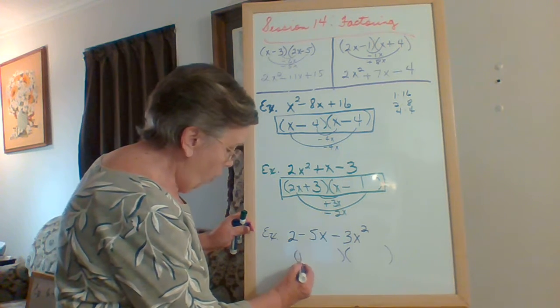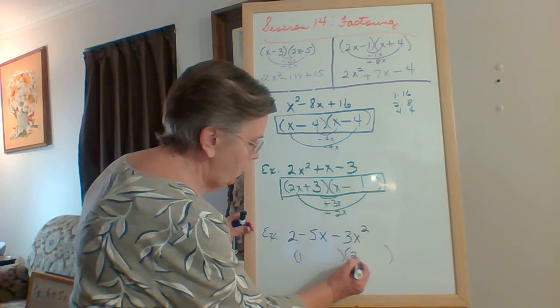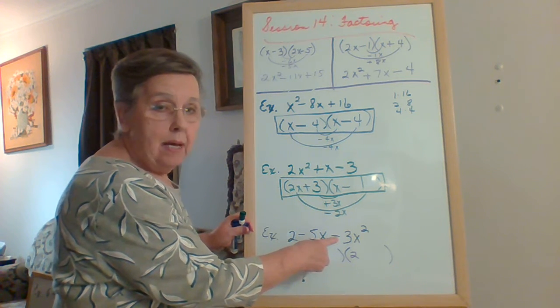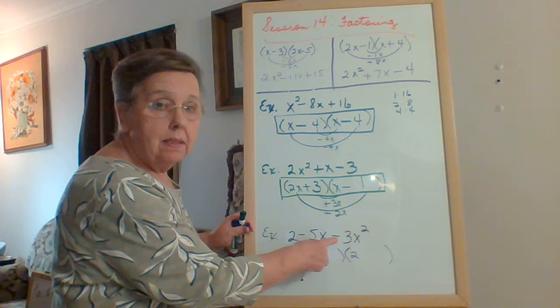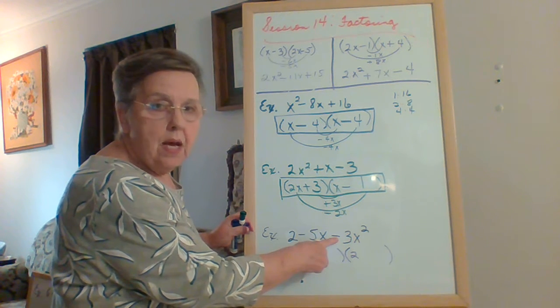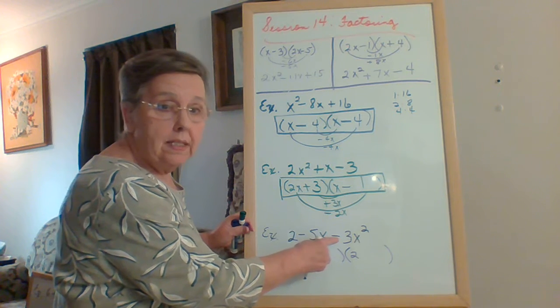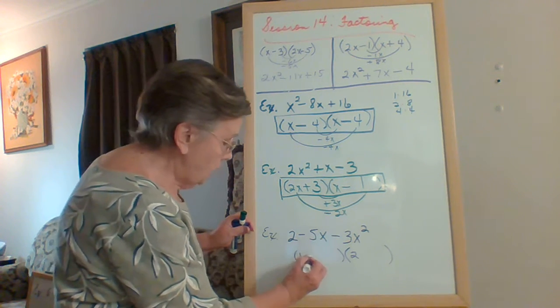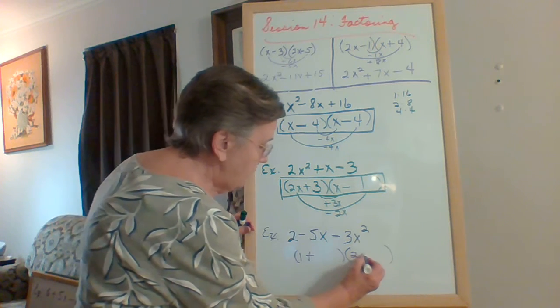Well, 1 and 2. That last number has a minus. That means the signs are going to be different. You notice I'm not looking at the other sign. I just say this one sign tells me the signs are different. So 1 is a plus, 1's a minus.